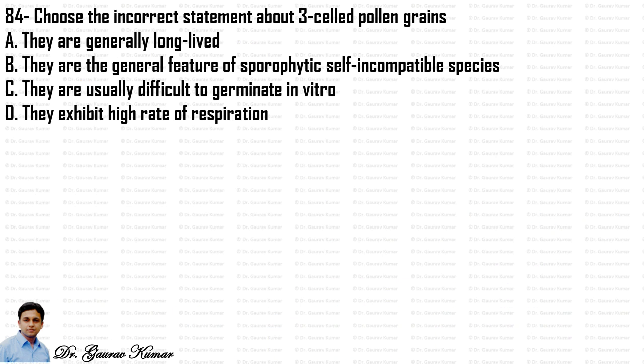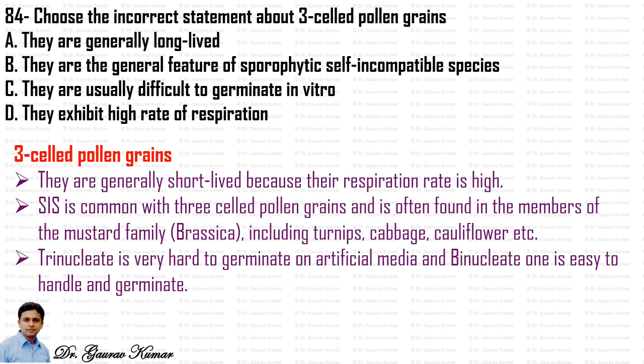Now the question is, choose the incorrect statement about three-celled pollen grain. So let's see the characteristics of three-celled pollen grains. The three-celled pollen grains are generally short-lived because their respiration rate is high.